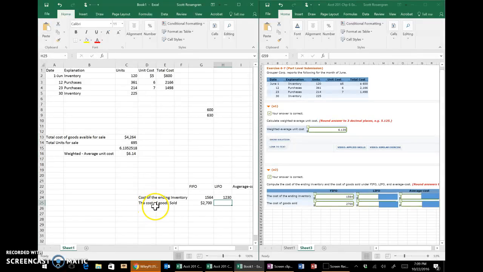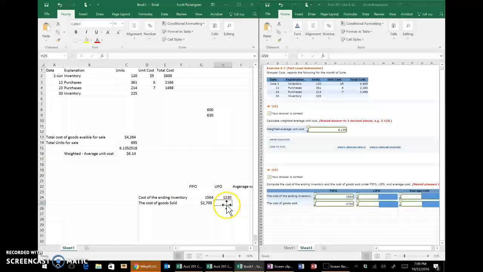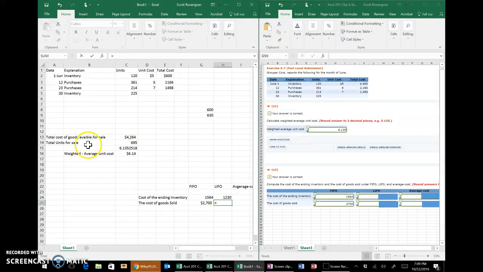And remember, to get the cost of goods sold, we would take our total cost of goods available for sale, subtract the cost of the ending inventory, and we would get 3,034. So let's see if those are both right. 1,230 and 3,034.